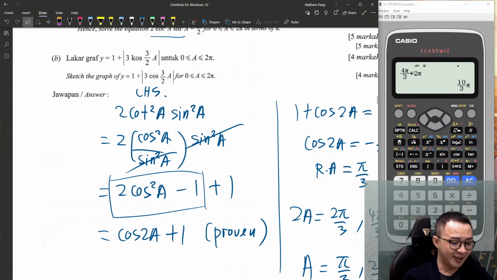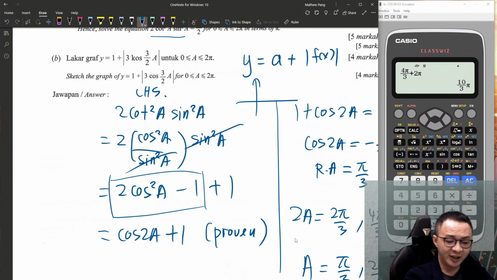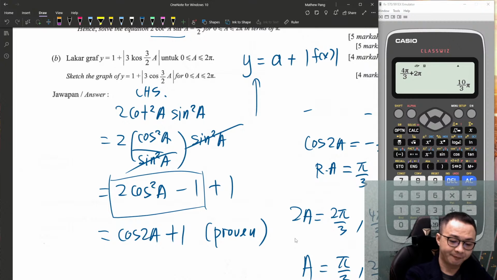Okay, this is 4 marks, they asked me to sketch this graph. Yeah, might be a bit hard for some students. So you just remember, for any A plus any modulus function here, what you need to do is lift up the whole thing by A. You need to shift up the whole thing by A. So I have one line like this.